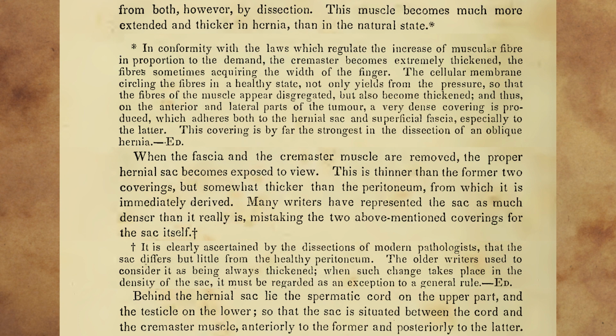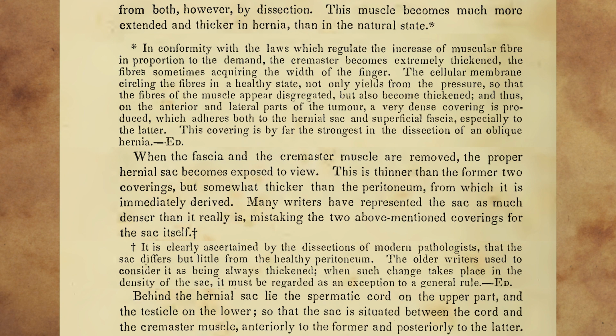Ed. End of footnote. When the fascia and the cremaster muscle are removed, the proper hernial sac becomes exposed to view. This is thinner than the former two coverings, but somewhat thicker than the peritoneum, from which it is immediately derived. Many writers have represented the sac as much denser than it really is, mistaking the two above-mentioned coverings for the sac itself.